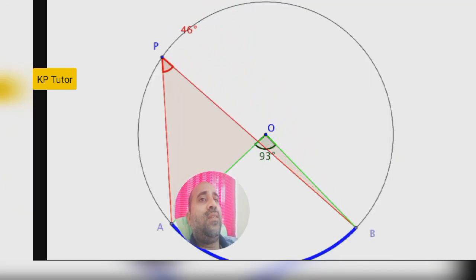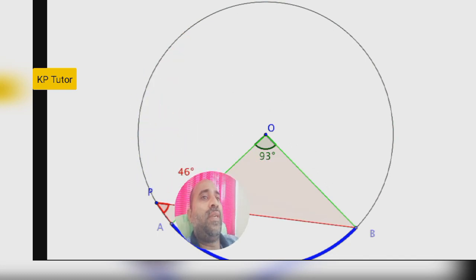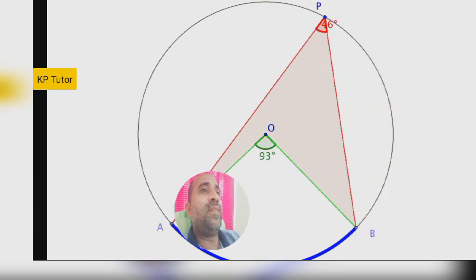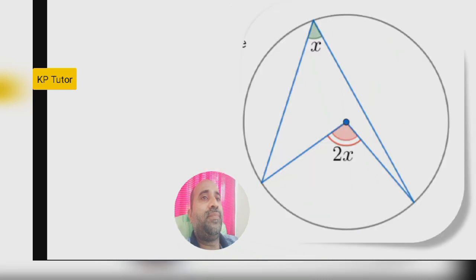So this is just a moving diagram. If it is 90 at the center, then the angle at the circumference will come 45. Then we can conclude this theorem easily this way.